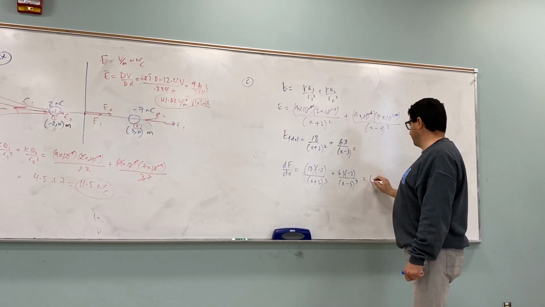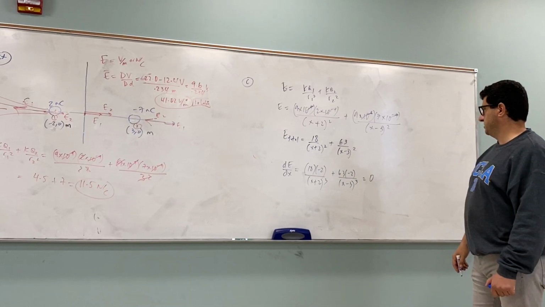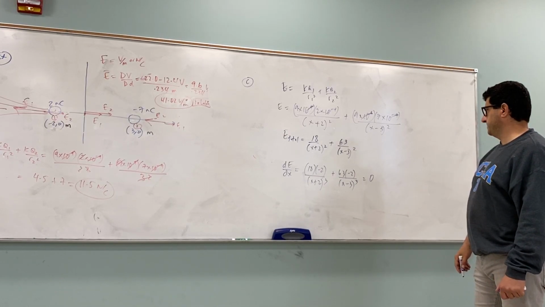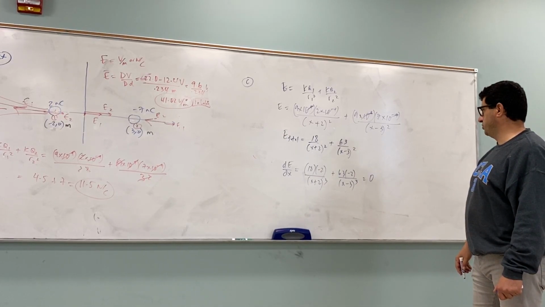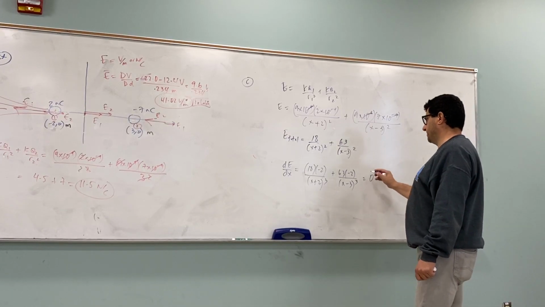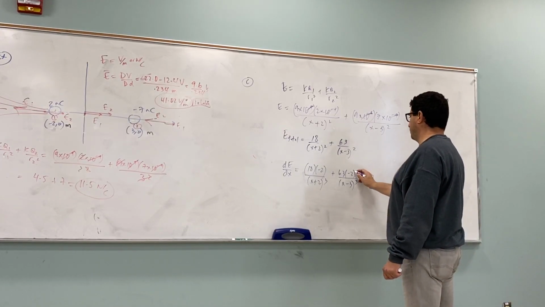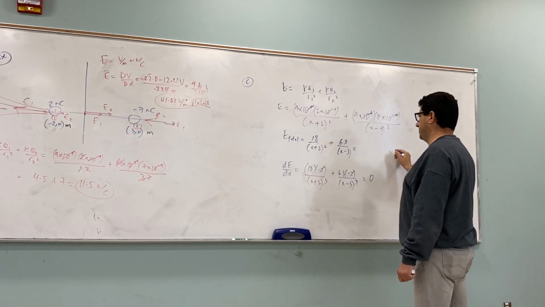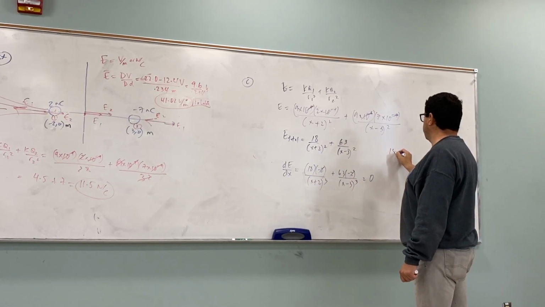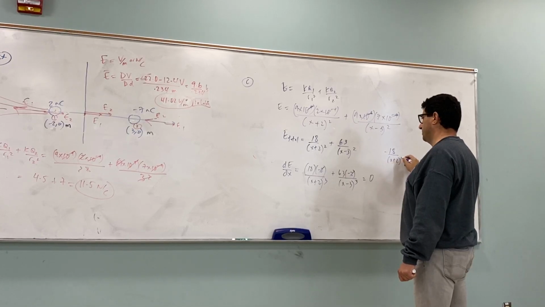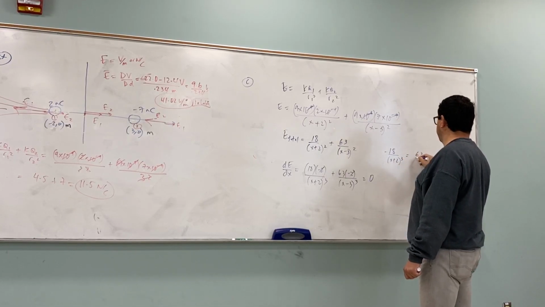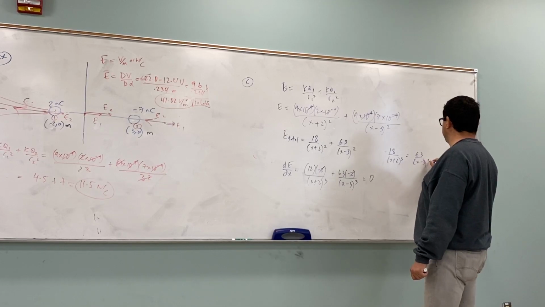So you want this thing to be 0. I guess you could do, the 2's cancel, so you're left with negative 18 over x plus 2 cubed equals 63 over x minus 3 cubed.